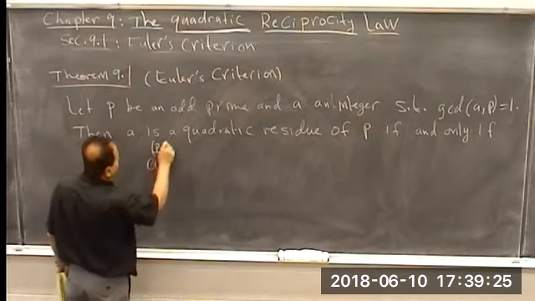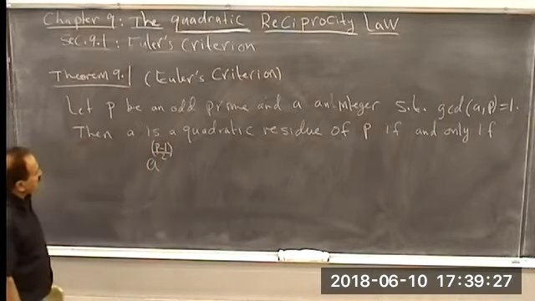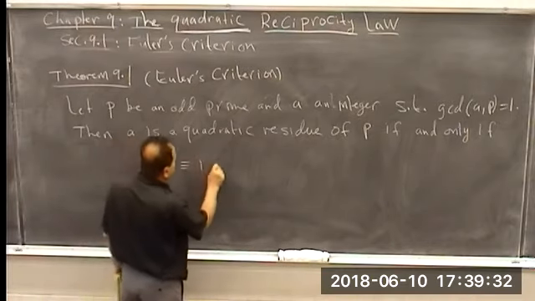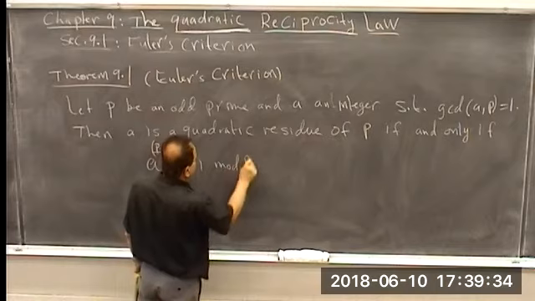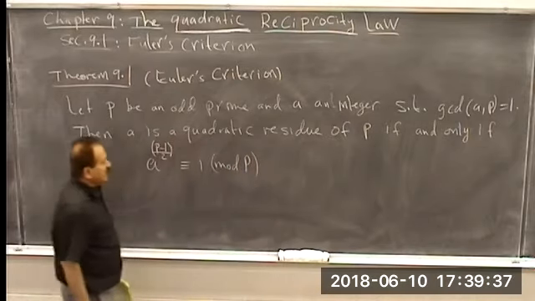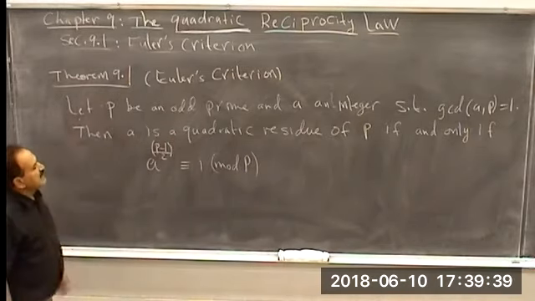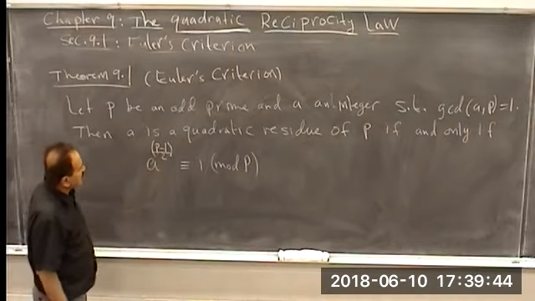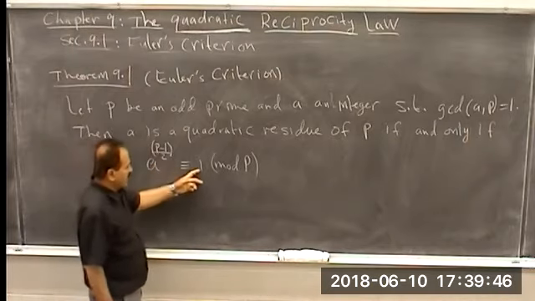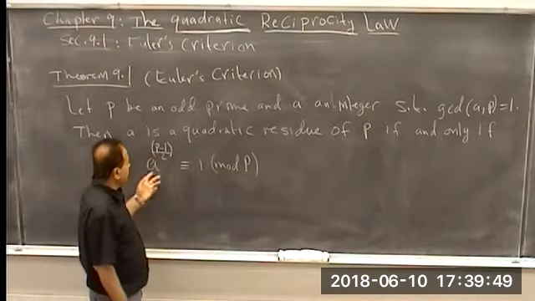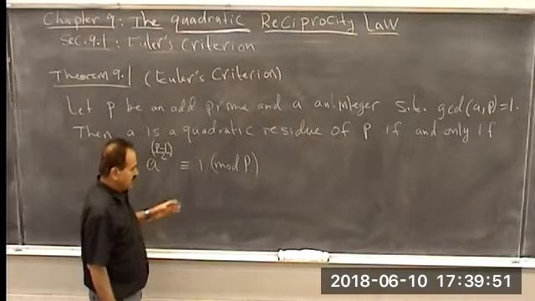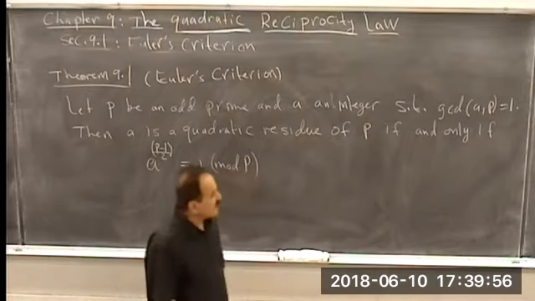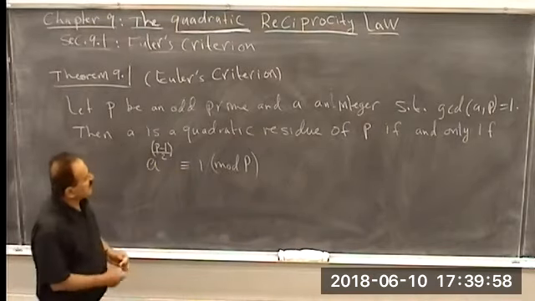Remember that p is an odd prime, so p minus 1 is even, and divided by 2 this is an integer. In a corollary to this theorem, we're going to show that if a to the power (p minus 1) over 2 is congruent to negative 1 mod p, then a is a quadratic non-residue. So this is the original theorem, and the corollary gives us the non-residue case.